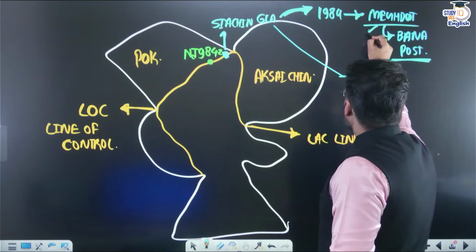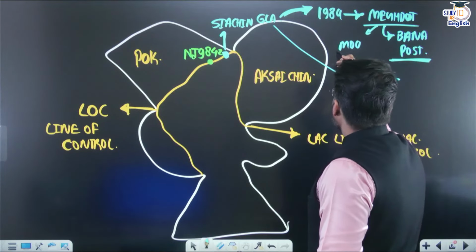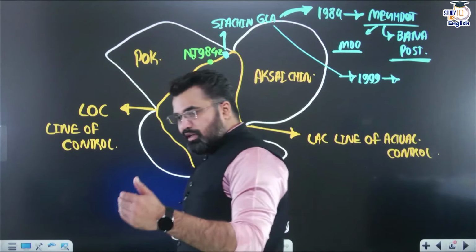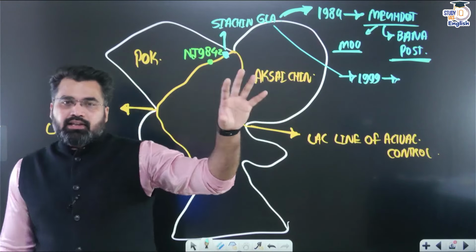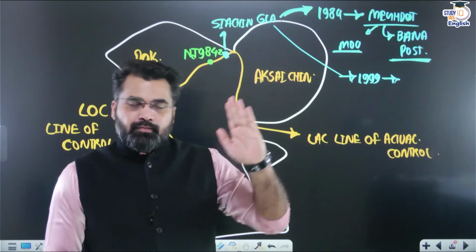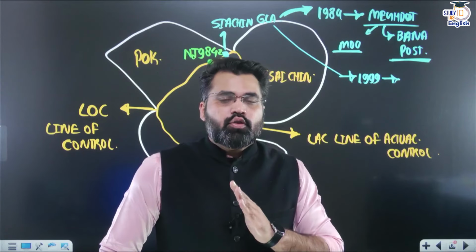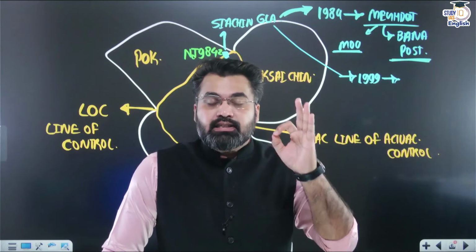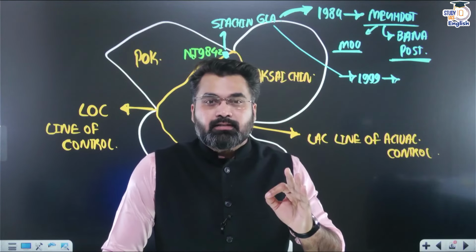we exercised an MOU. MOU means Memorandum of Understanding. That Memorandum of Understanding says that Pakistan and India both mutually decided that they will remove their forces from Siachen during winters because the temperature of that part is minus 50 degrees Celsius.